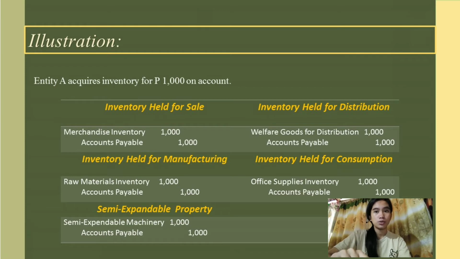Inventory held for distribution: welfare goods for distribution 1,000 and a credit to accounts payable 1,000. Inventory held for consumption: office supplies inventory and credit accounts payable 1,000. When it comes to semi-expendable property: semi-expendable machinery 1,000 and a credit to accounts payable 1,000.